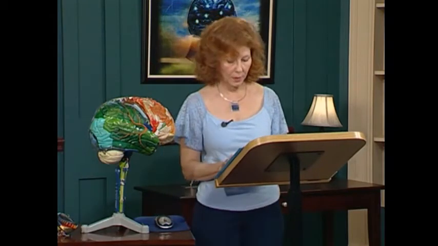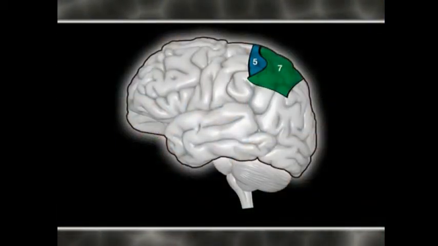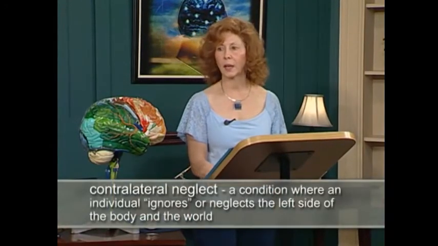And people who have lesions, and this is good because this is actually a right hemisphere, people can have a lesion in areas 5 and 7 of their parietal lobe, and they can have a very specific type of disorder in which, here are the areas, 5 and 7 are up here in the parietal lobe. They can have a very specific disorder called contralateral neglect.